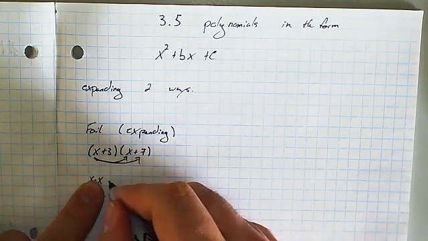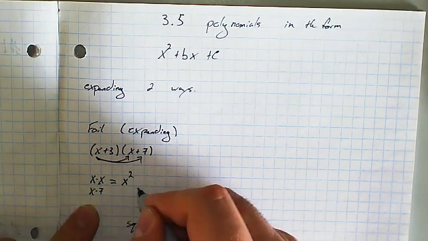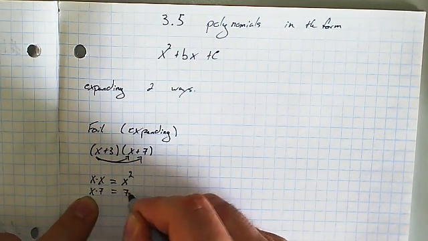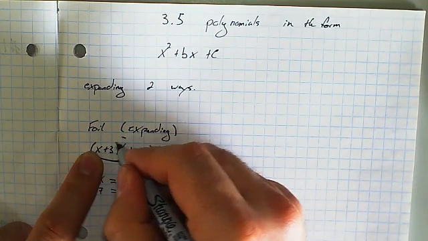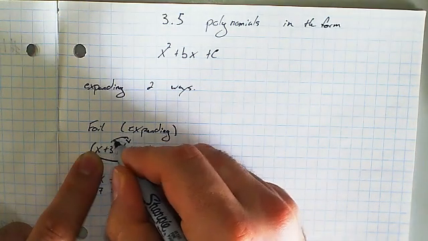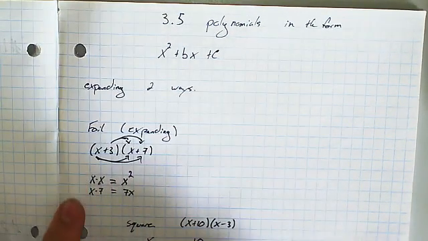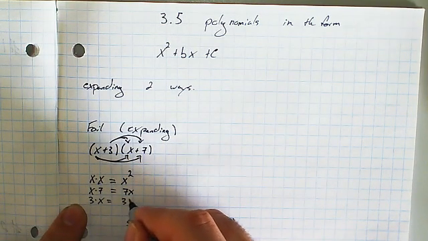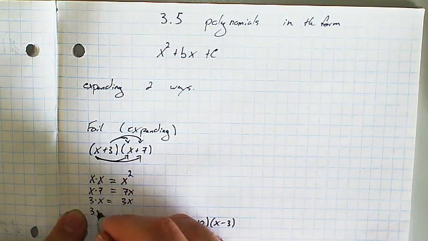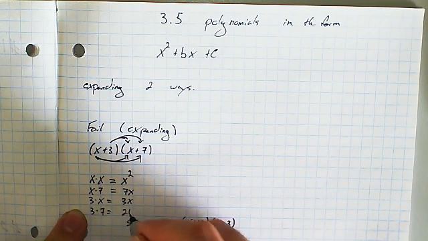So x times x is x squared, x times 7 is 7x. You take your second term, 3 times x, and 3 times 7. So 3 times x turns into 3x, and 3 times 7 is 21.